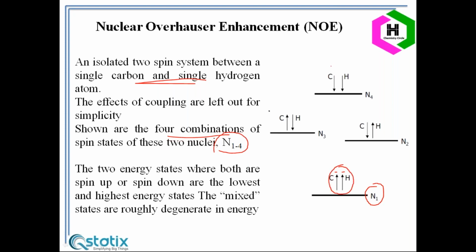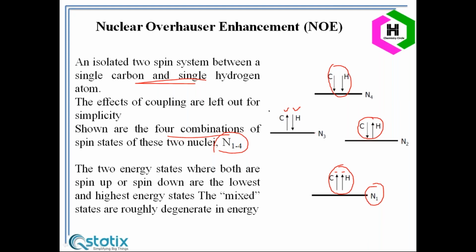When both are in the downward state, you have the higher energy. Between these two, one is up and one is down: here the carbon nucleus is positive and hydrogen is negative, and here carbon is negative and hydrogen is positive. These mixed states lie in between.